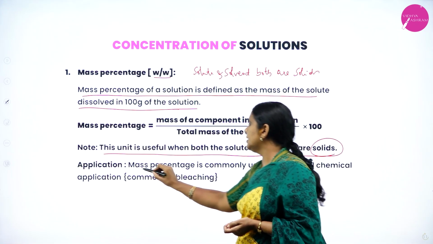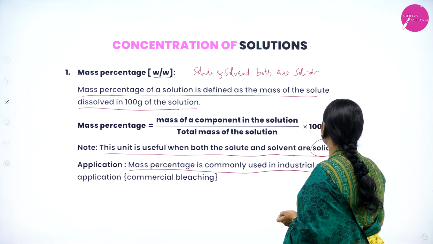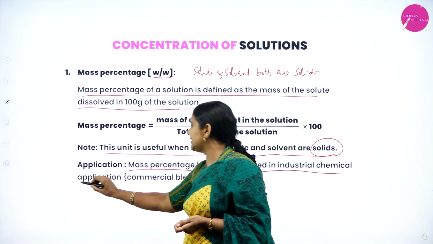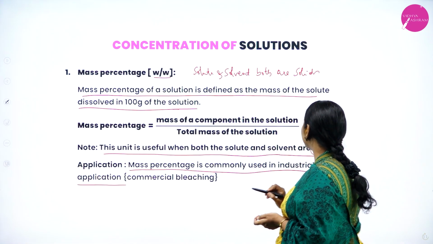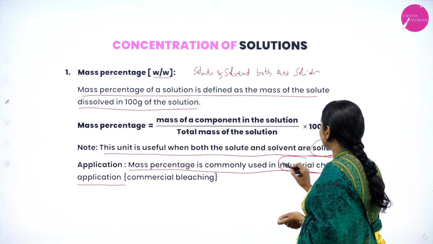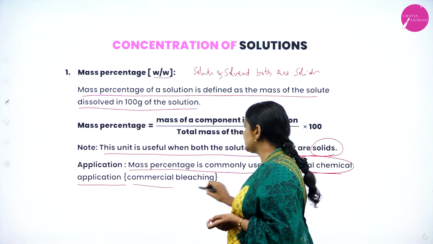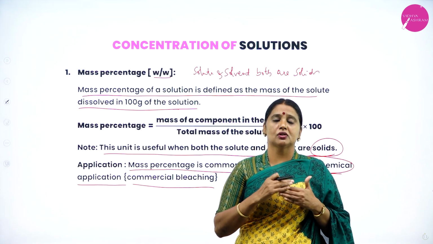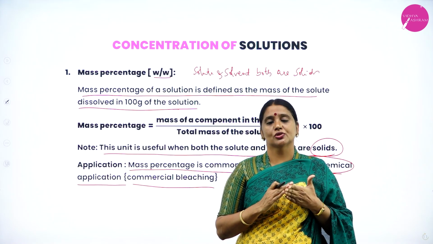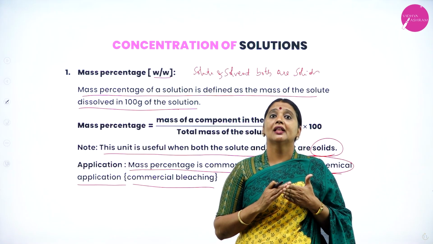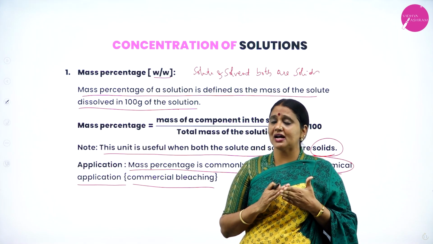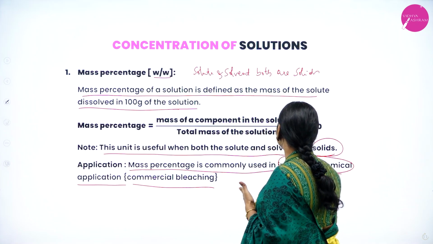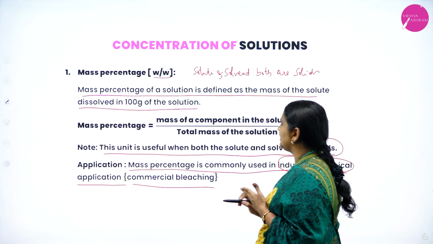Application: mass percentage is commonly used in industrial chemical applications, such as commercial bleaching. Bleaching means converting a colorful compound into a colorless compound. That is known as bleaching.